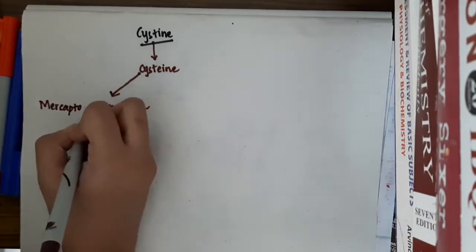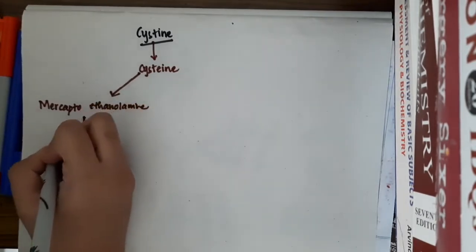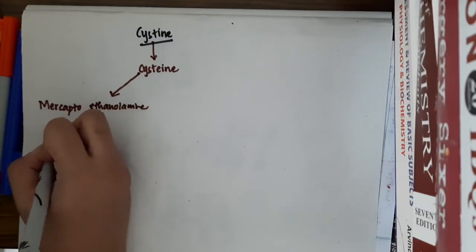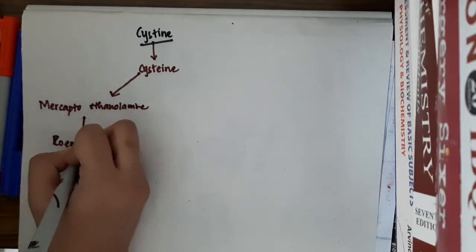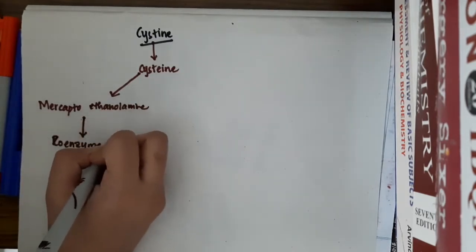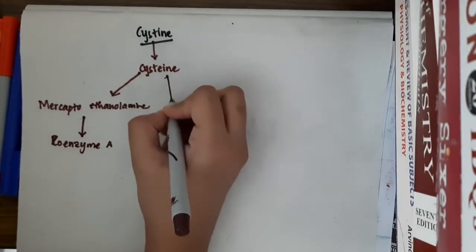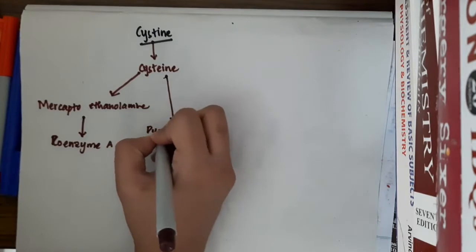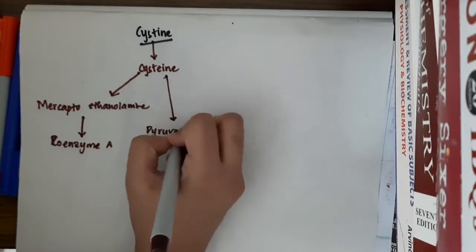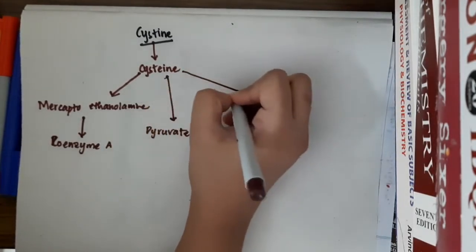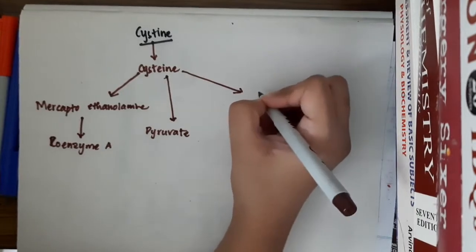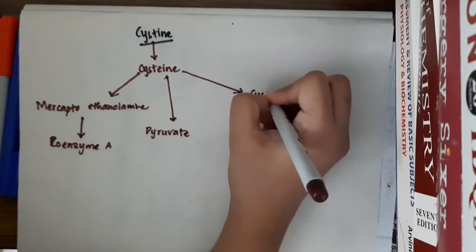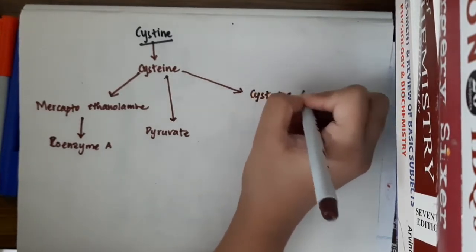This mercaptoethanolamine combines with pantothenate and it forms coenzyme A. Then this cysteine undergoes desulfhydrase and it forms pyruvate. This cysteine in the presence of cysteine dioxygenase forms cysteine sulfinate.